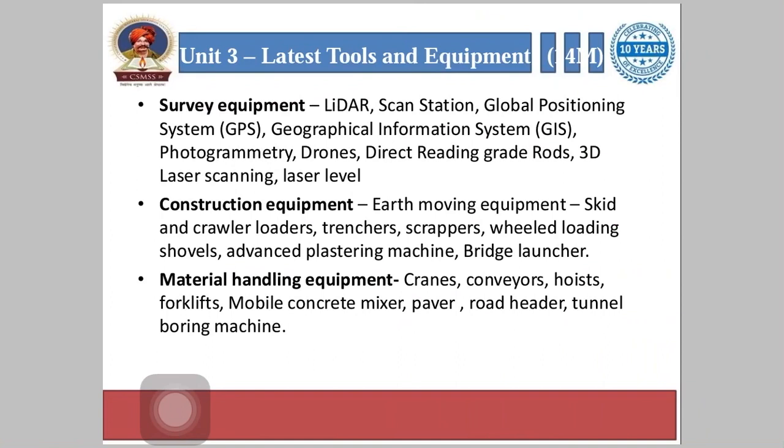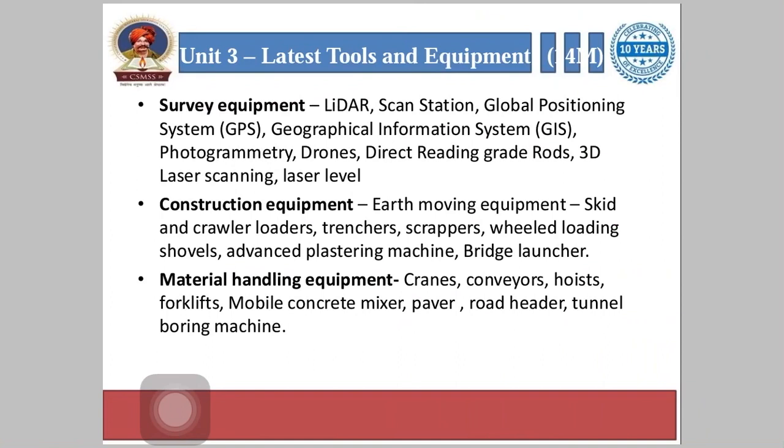Third unit is about latest tools and equipments. It carries 14 marks. So here we are going to see the latest equipments, survey equipments like LIDAR, scan station, global positioning system, that is GPS, geographical information system GIS, photogrammetry, drones, direct reading grade rods, 3D laser scanning, laser level.